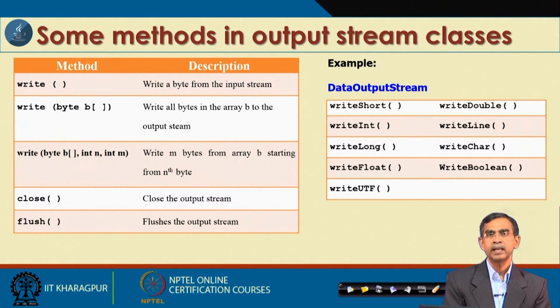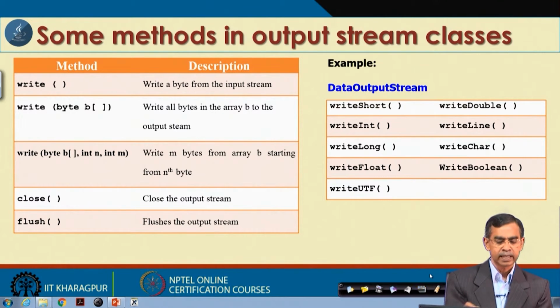Write(byte b) says how an array of bytes can be written into an output destination. Write(byte b, int n, int m) says how m bytes from the array b, starting from n, can be pushed into an output destination.